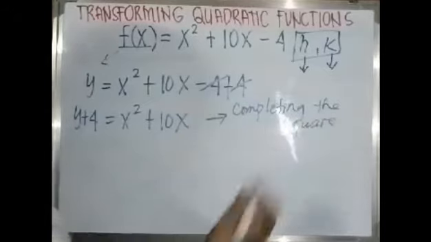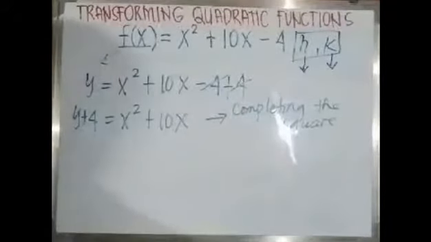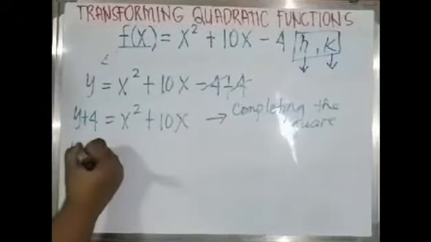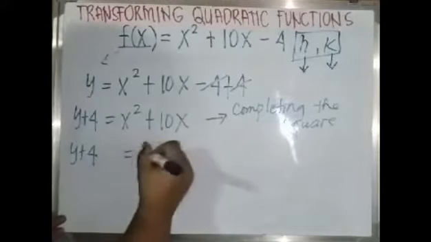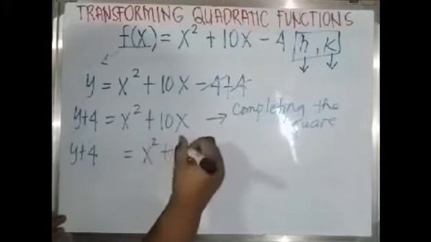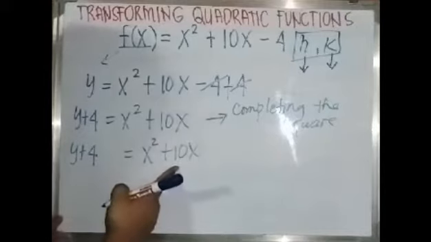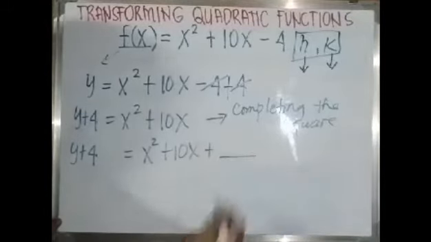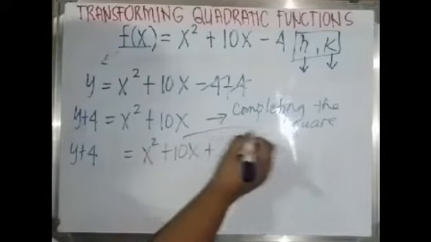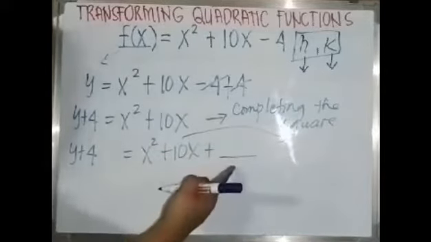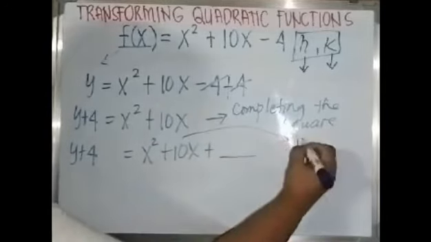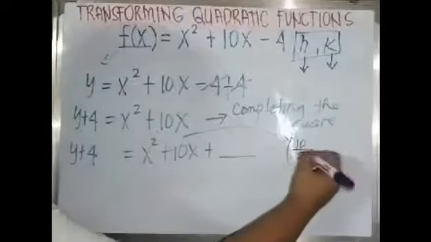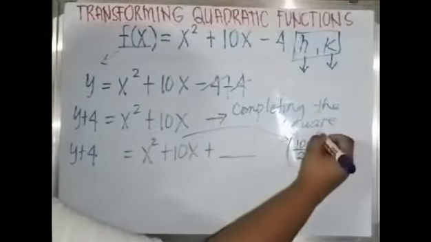Now, you have to recall how you complete the square. So, you have y plus 4 is equal to x squared plus 10x. We will be completing this, meaning to say we will make this a perfect square trinomial. How? You get your middle term. To get the number here, you need to half your middle term and square it.